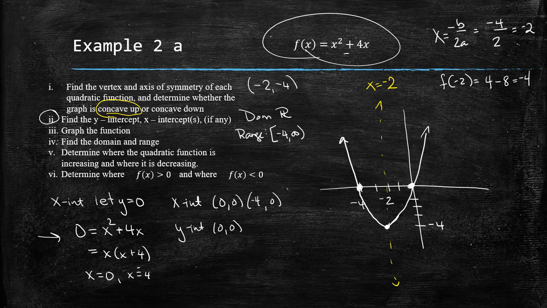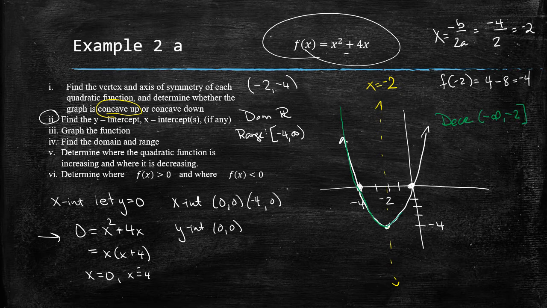Okay. Part 5, determine where the function is increasing and where it is decreasing. Okay, so remember, these are always intervals of x. So our function, as we read it from left to right, starts out decreasing. Okay, so it's decreasing on the interval negative infinity to negative 2.